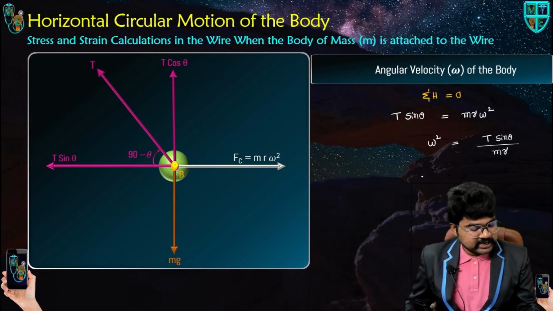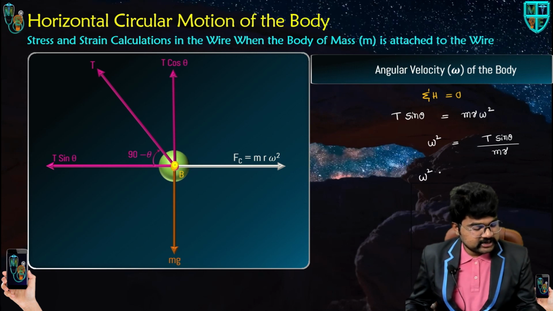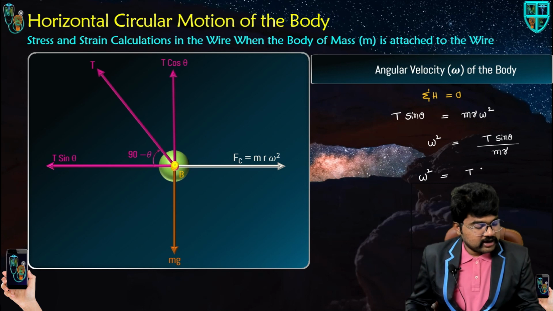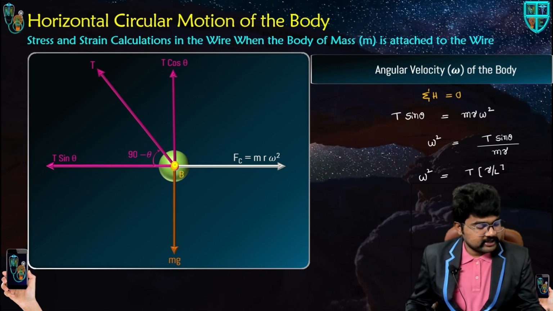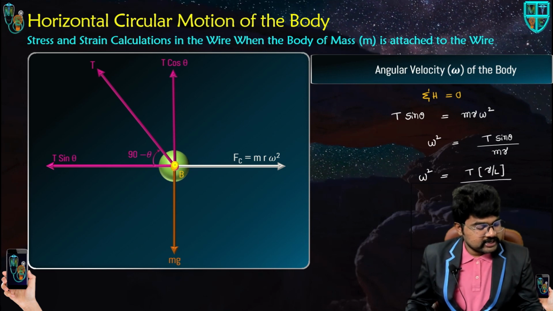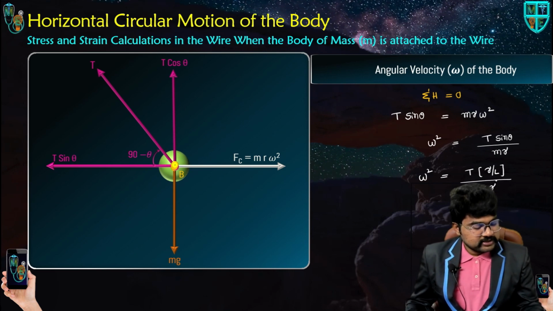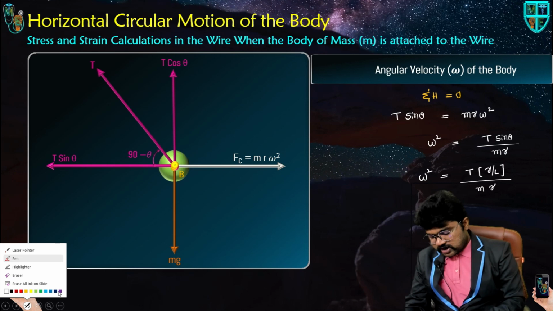We already know that sin theta equals to r by L, so T r by L by m times r. Here you can cancel these two r's.